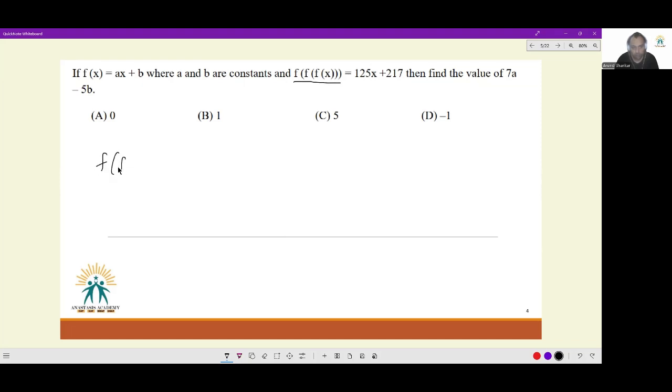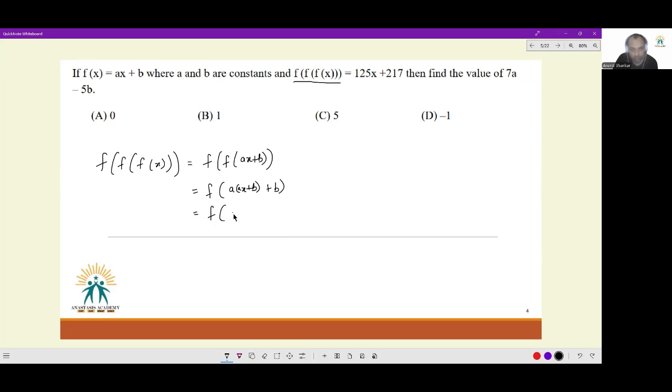So f of f of x. If I try to open it, I'll have f of f of x is already known to us as ax plus b. So if I open this up, I will get a times ax plus b, plus b. So let me open up the portion inside itself.